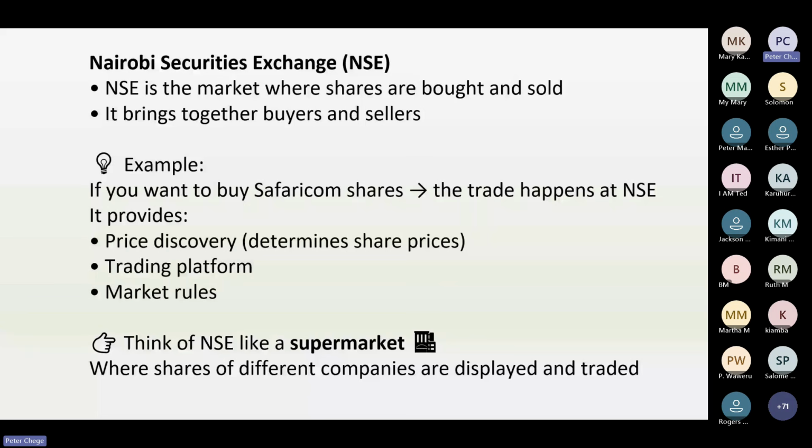They also provide the main trading platform, not the broker platform. It's called the ATS. That's where people put in all the orders and start trading. They also create trading rules. One of the trading rules is that my price can never go above 10% of the previous day's closing price, up or down.